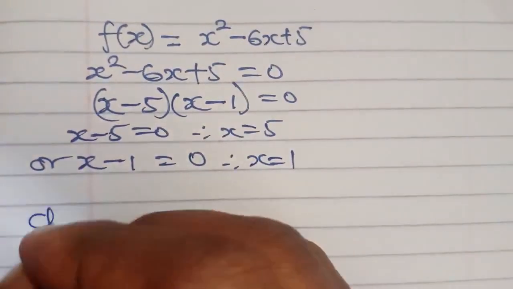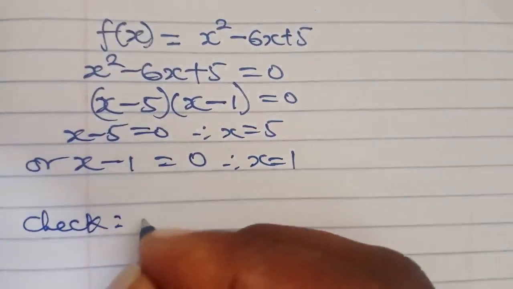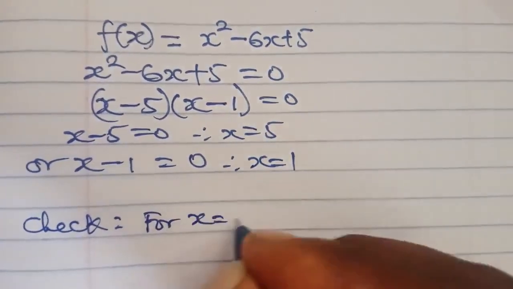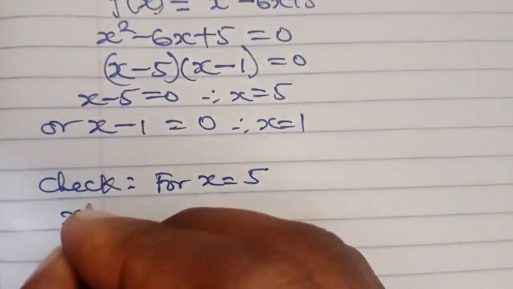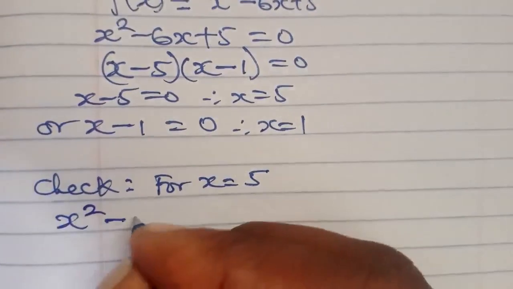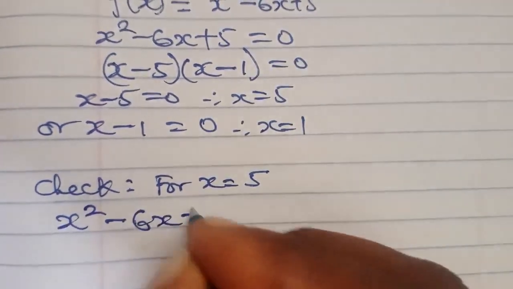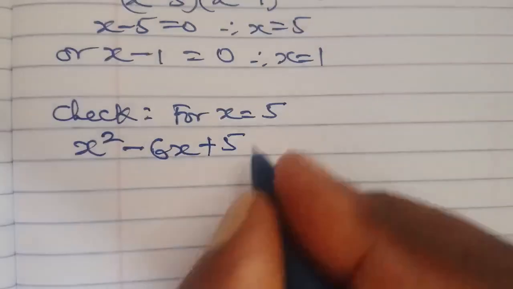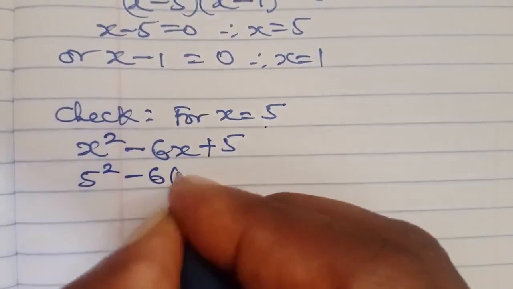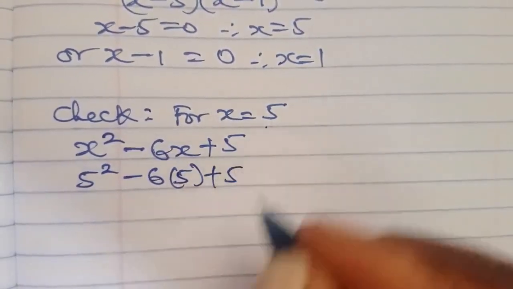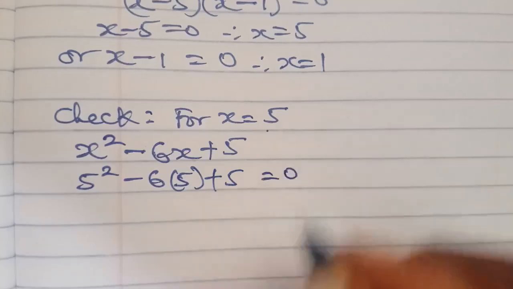So we can still check for when x is 5. The function is x squared minus 6x plus 5. Let's check by inputting 5 here. We have 5 squared minus 6 times 5 plus 5, and we want to check whether it is 0.